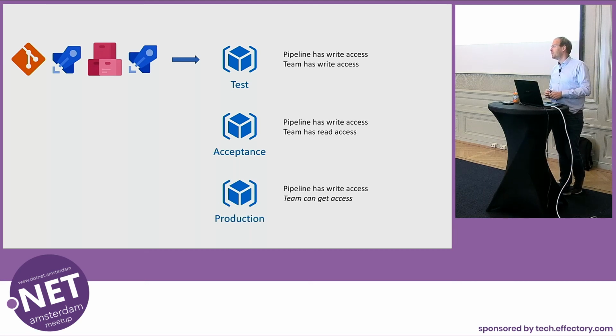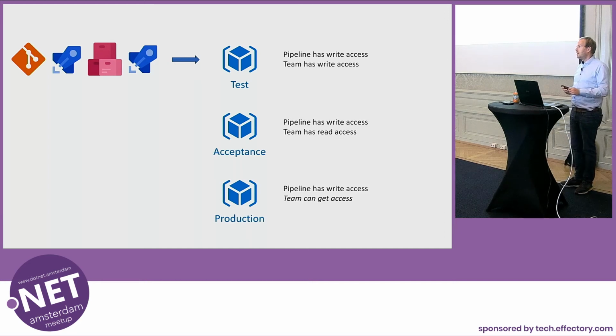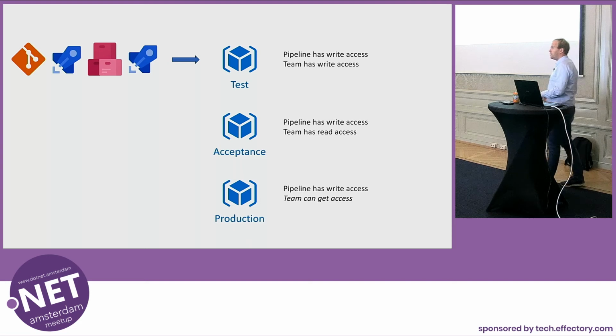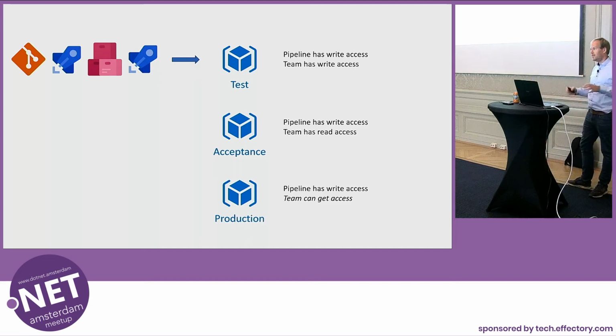That should not be necessary in 2019. The only one with write access is my pipeline. So if I need to scale up something, I do it in source control, wait those 4 or 5 minutes, and have it effected after a review by somebody else. Now, of course, this is really important. It's your resources. If there is ever something really, really important going on, you should be able to provide yourself with access, but you shouldn't have standing access.